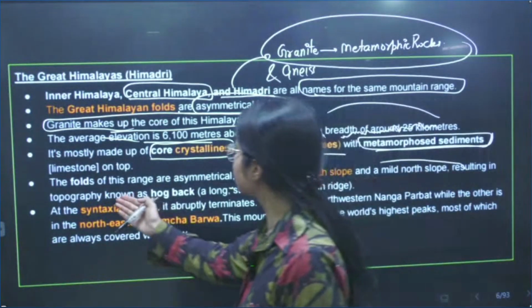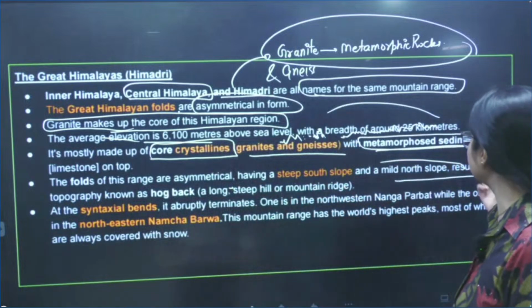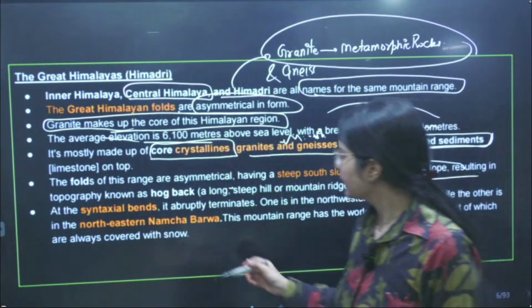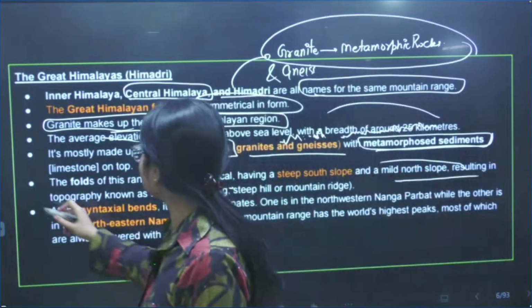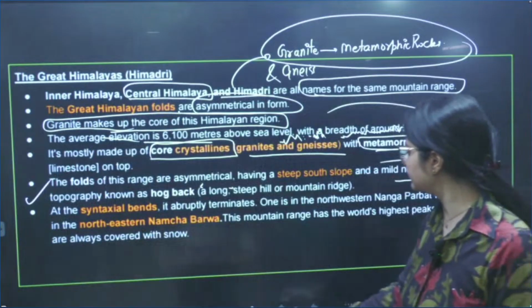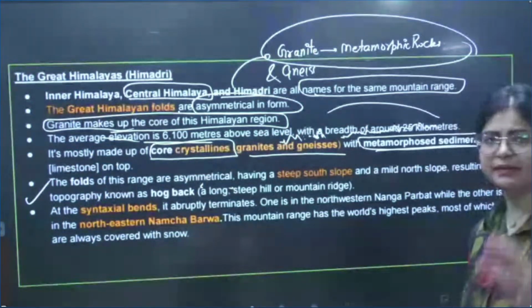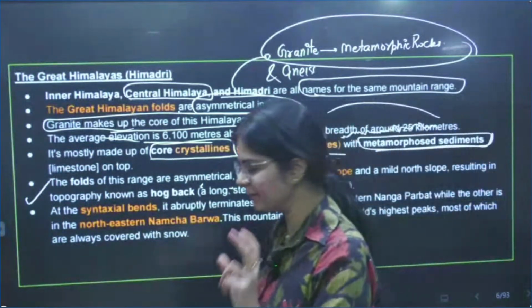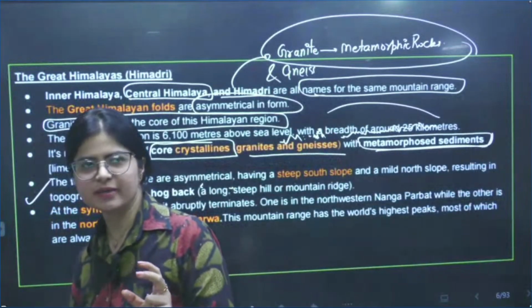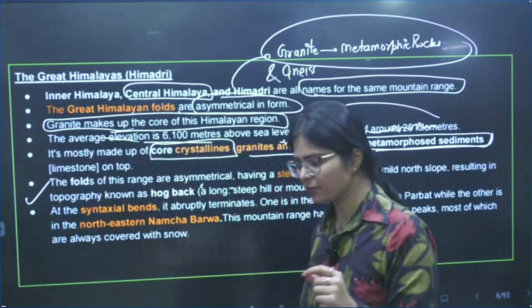Next, the folds of this range are asymmetrical, having a steep south slope and a mild north slope, resulting in a topography called hogback. This point you can definitely add. Write it down in the Great Himalayas. Please do the addition where you have written your notes. I think you must be having enough space there. Or you can write it in a very small font size.